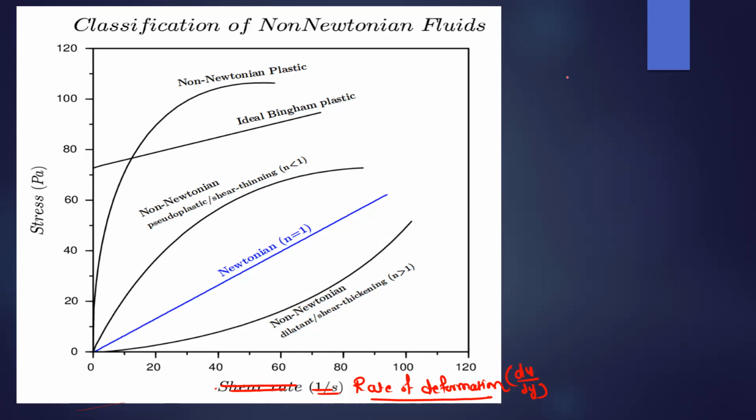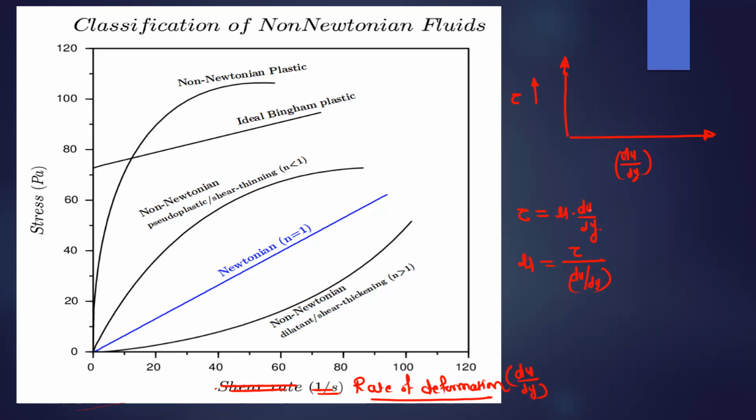This graph has du by dy on the x-axis and the shear stress, tau, on the y-axis. Now refer to Newton's law of viscosity: tau is equal to mu into du by dy. So mu is equal to tau upon du by dy, the rate of deformation or velocity gradient.